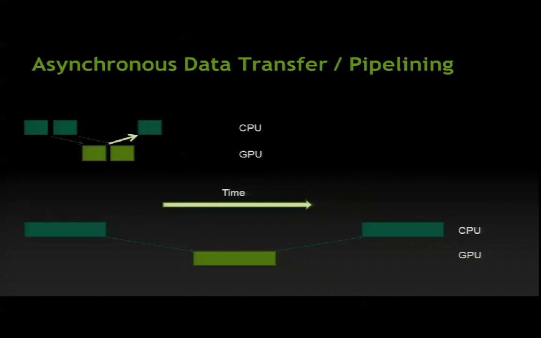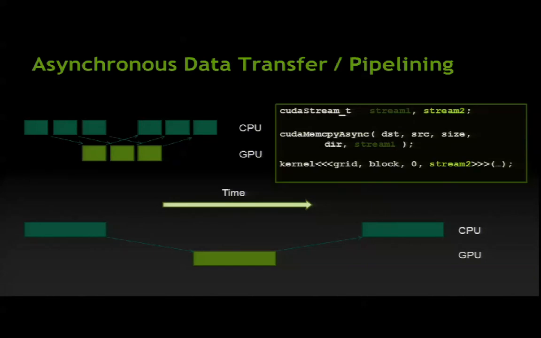The GPU then processes all this data, and it takes a certain amount of time until the result comes back to the CPU. Well, with asynchronous transfers, with the ability of moving data while you're processing data on the GPU, you can significantly cut down the overall time spent between start of the operation and finish.